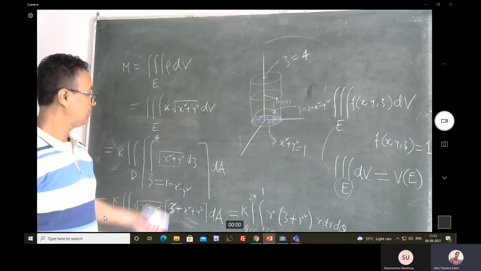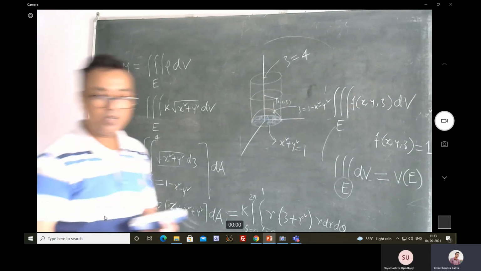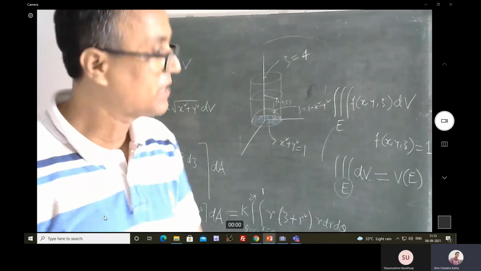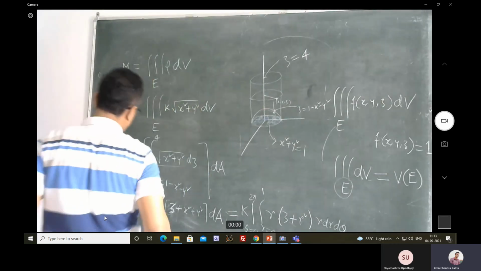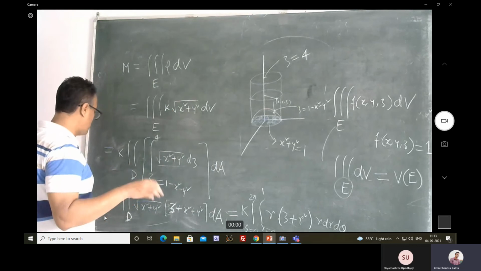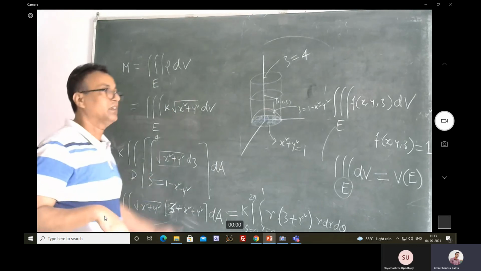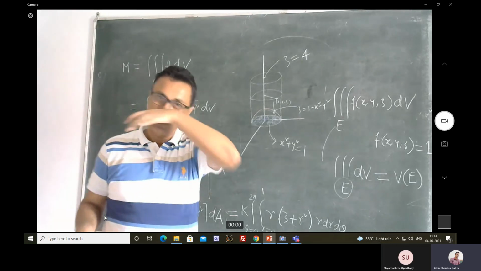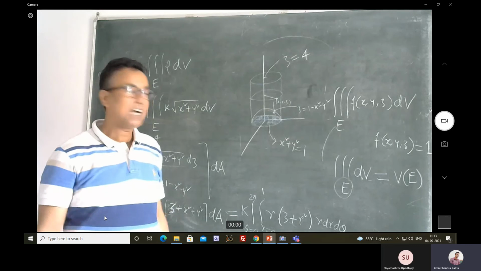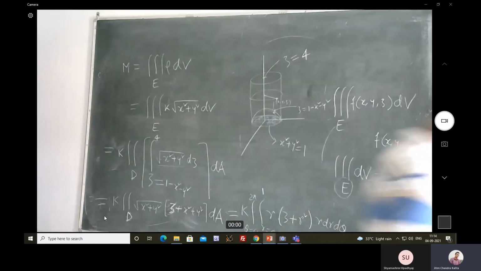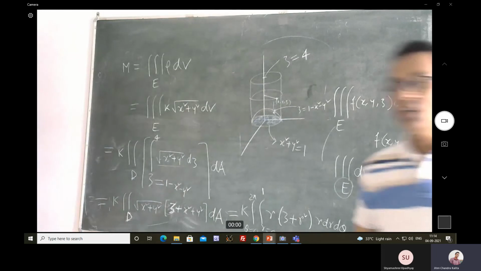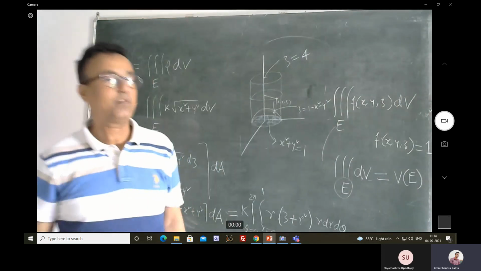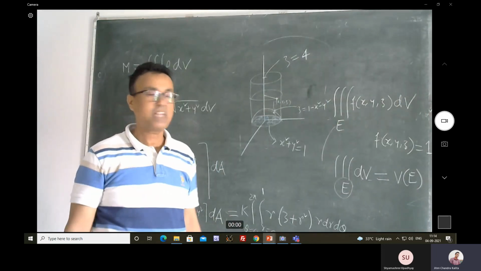Okay, so this is one example, and you will find many more examples. In my next class, I am going to quickly deal with spherical polar coordinates. The underlying facts, how you derive the elementary volume, all these things, I could have explained, but I'm intentionally not going to explain that.